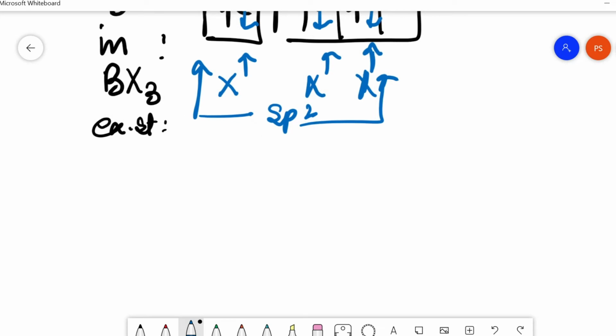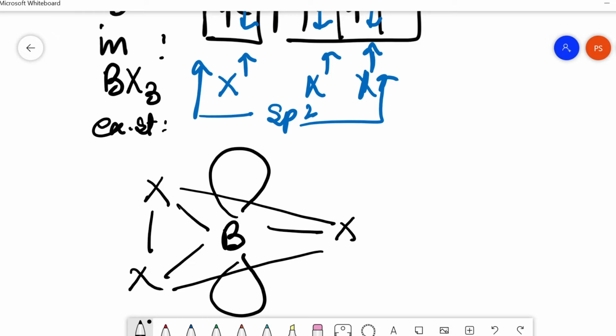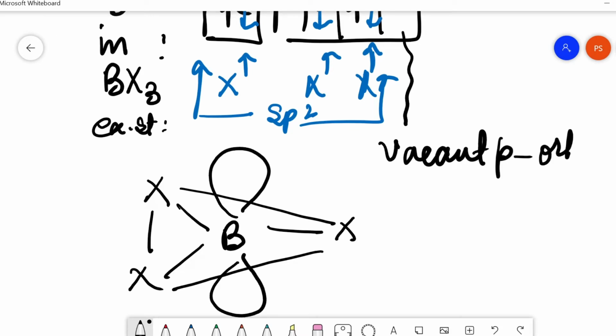So the shape of the molecule is trigonal planar, in which the vacant p orbital is perpendicular to the plane of the molecule.